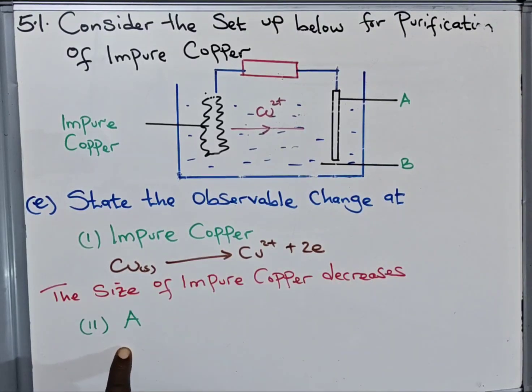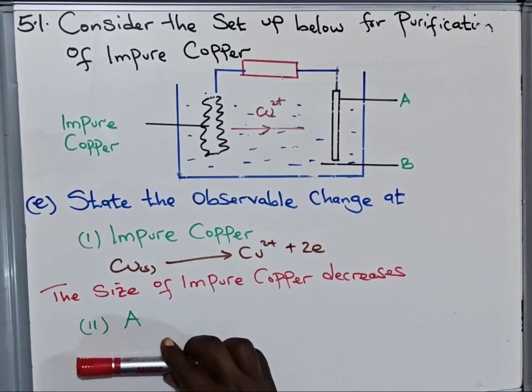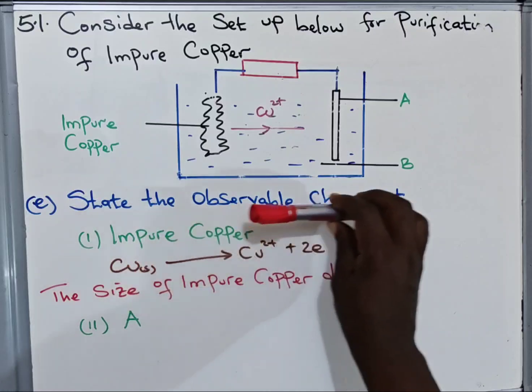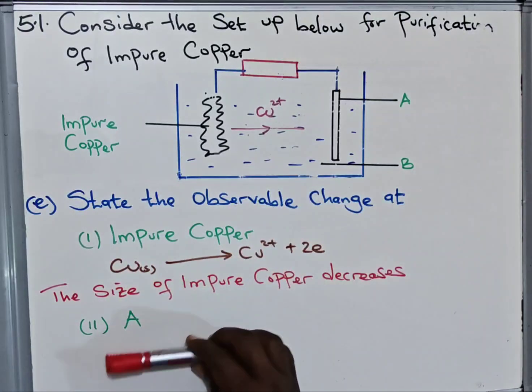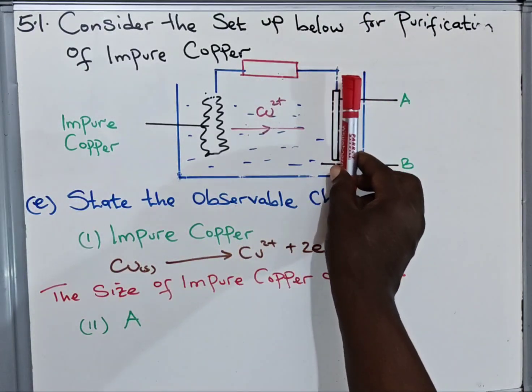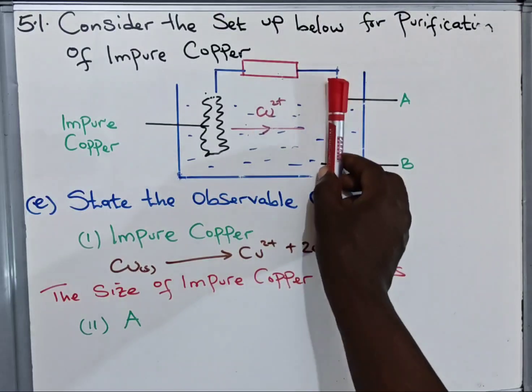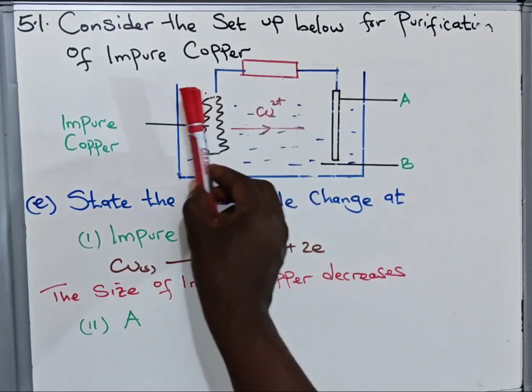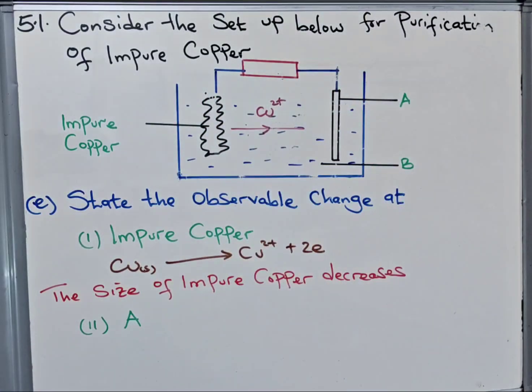Then we come to this question. It says: state the observable change at A. So this is our A. What is being observed at A as the cell operates?